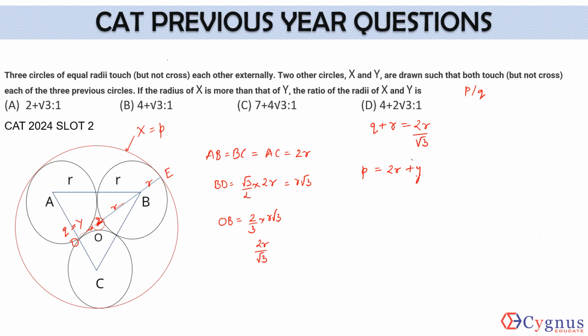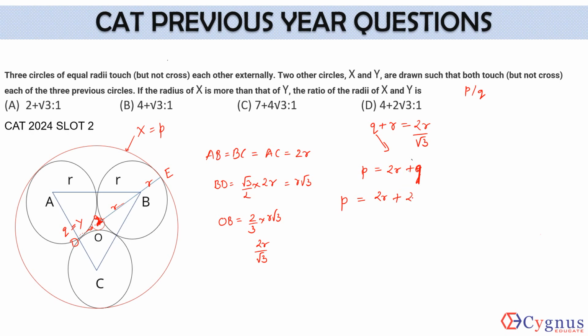Fine. What is the value of Q here? This is Q. I've taken the radius of the smaller circle as Q. Now, what is the value of Q? Can we put the value of Q from this equation? Let's say P is equal to 2R plus Q. What is Q?